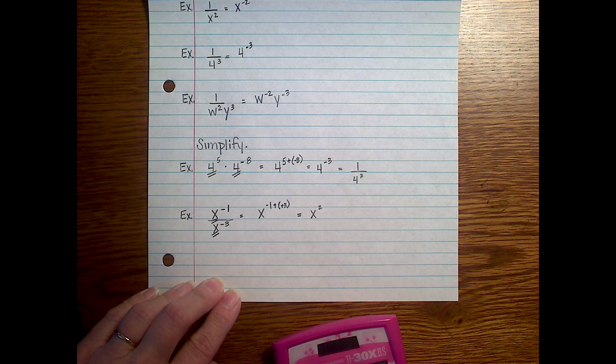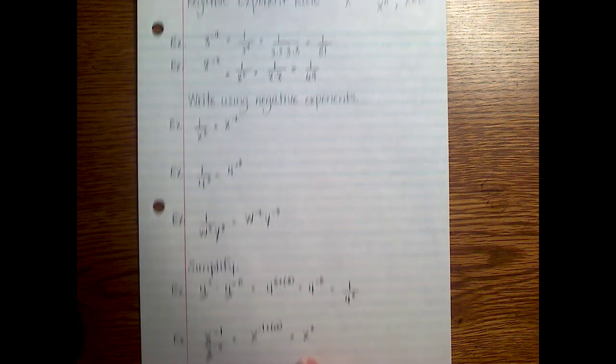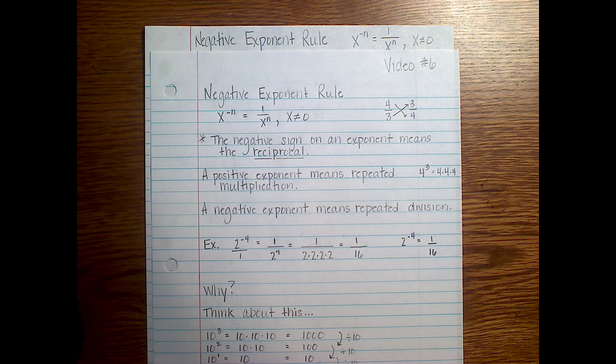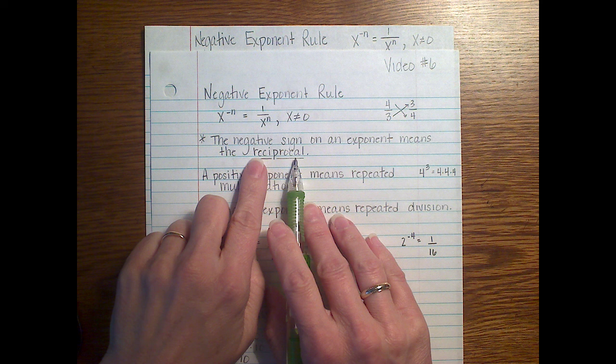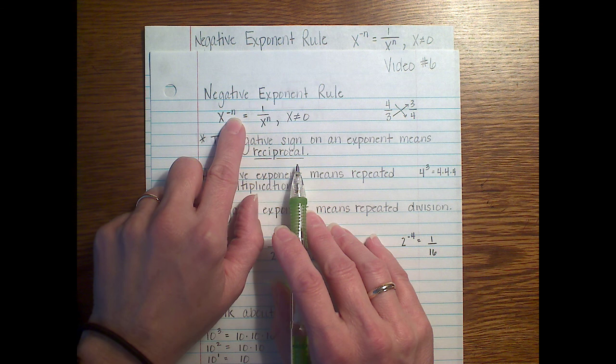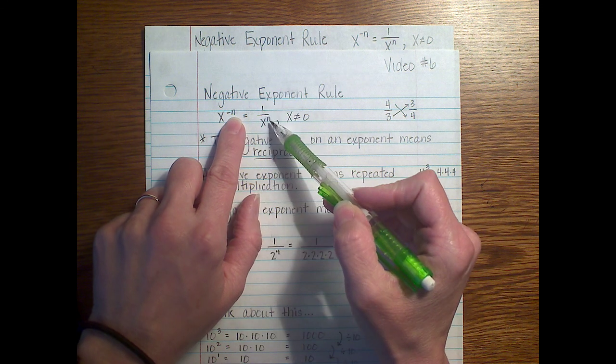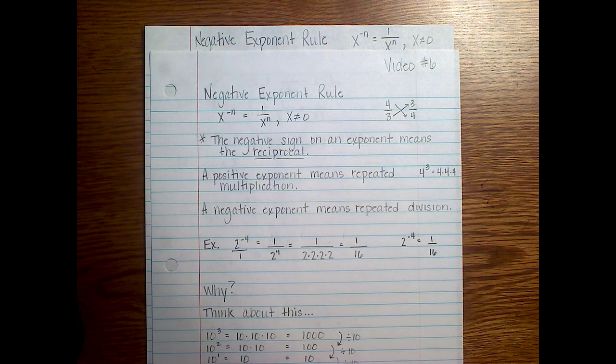Okay, so with that being said, this is a very abbreviated lesson here on negative exponents. What you need to remember is that we're dealing with reciprocals here, okay? So whatever you have to a negative exponent, that is going to become 1 over x to that positive exponent.